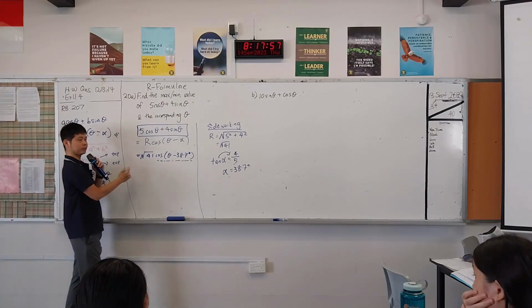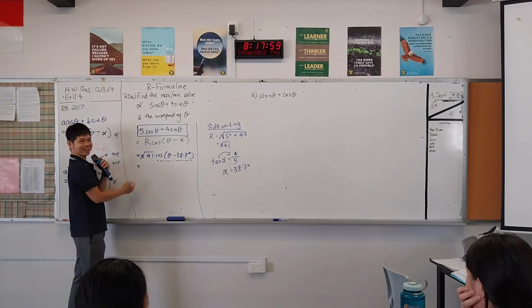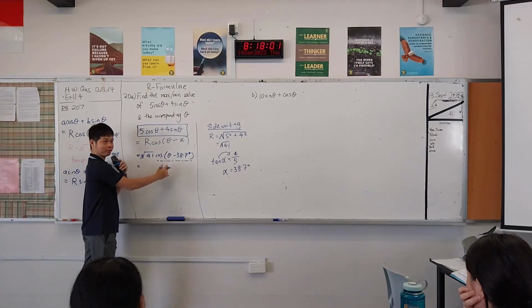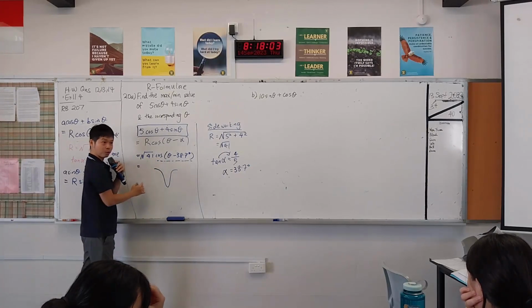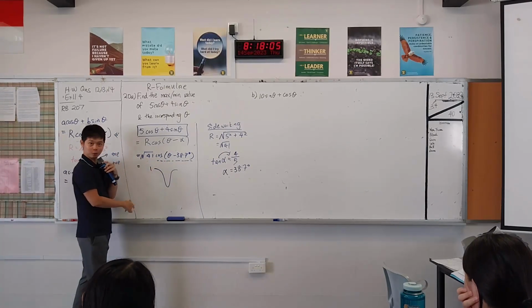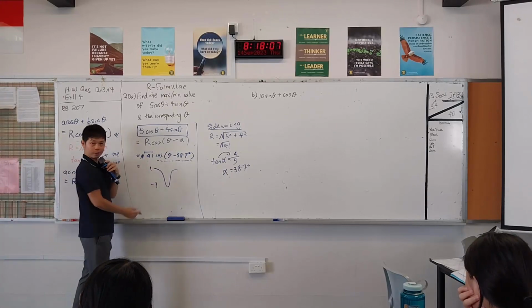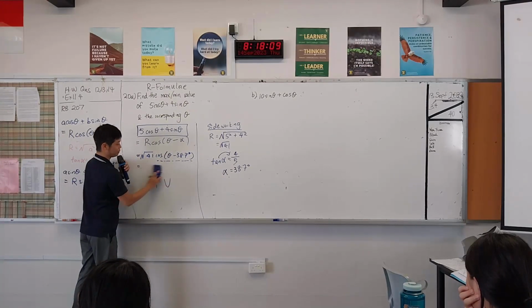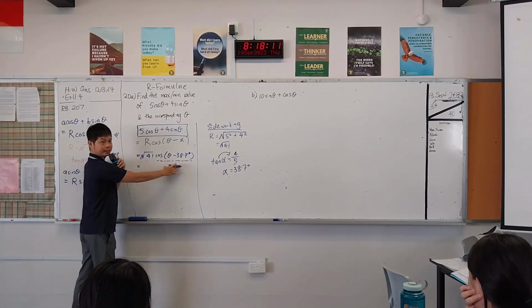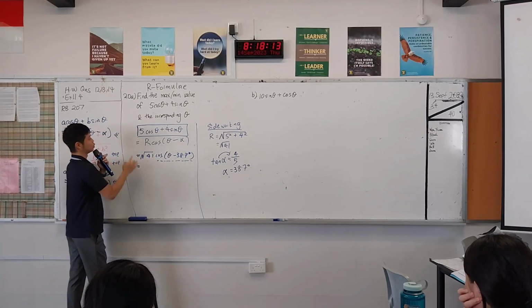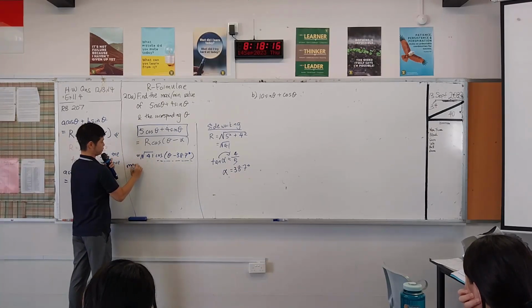Hey, you all should know this. Don't expect everything I spoon feed you. You know cosine graph, right? The highest you can go is 1, right? The lowest is -1, right? So when can I have a maximum? When this part is 1. So the maximum value, the maximum is square root 41.